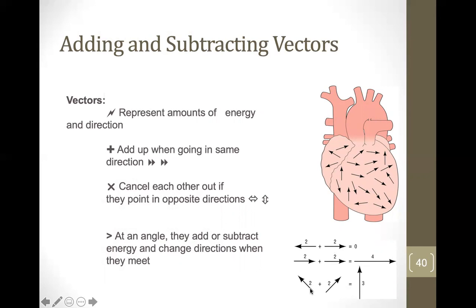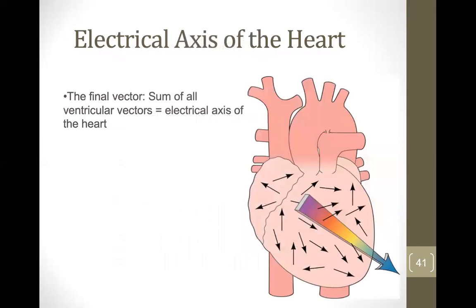If you have energy and vectors going at an angle, they can either add or subtract energy and change directions when they meet. So we're basically going to take a look at all of the vectors that are occurring within the heart from the electrical impulses, and we're going to sum it all together to create what's called the electrical axis of the heart.